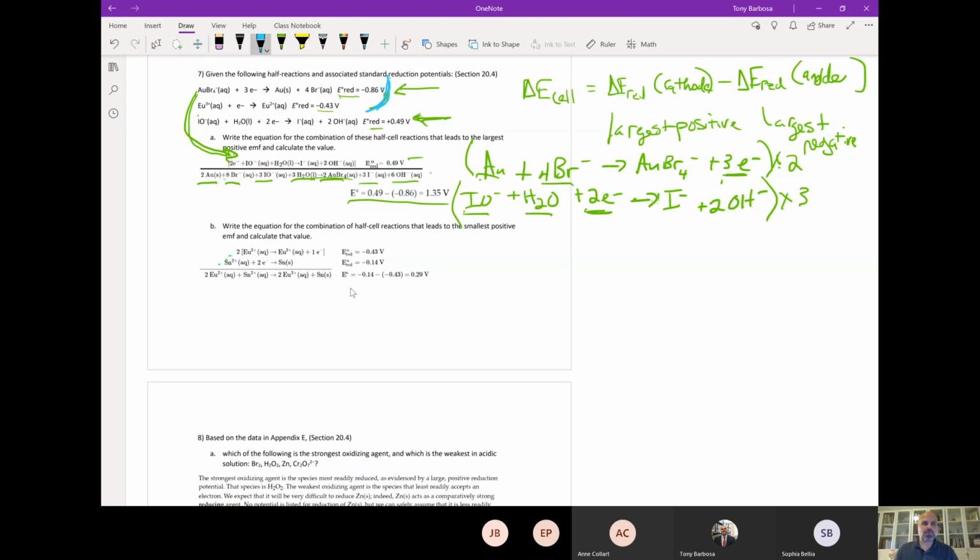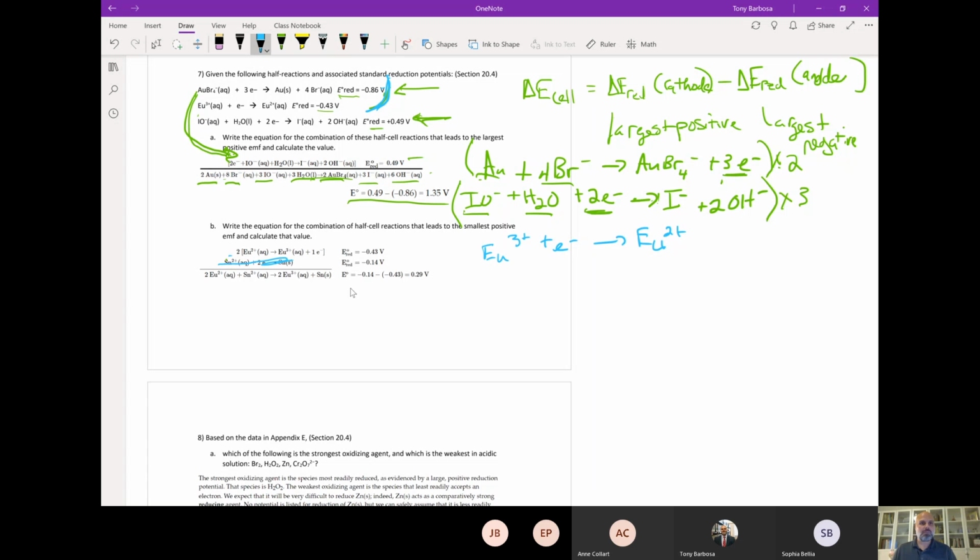So this equation here would not be correct. Our forward reaction is now the europium one: Eu3+ plus an electron going to Eu2+.